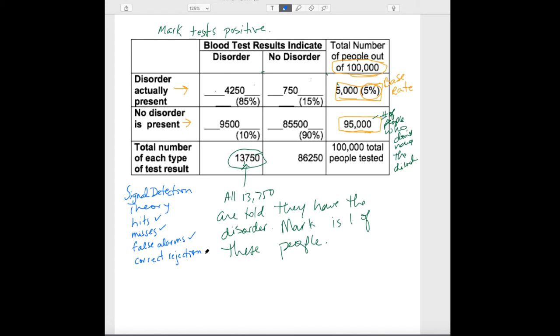Or it can correctly say that this person does not have cancer. That's the correct rejection. And so the question is, what is the likelihood that Mark has this form of cancer after he tests positive? And that's comparable to the homework question where you're trying to figure out what's the likelihood that Julia has cancer if she's one of the women who test positive for cancer.